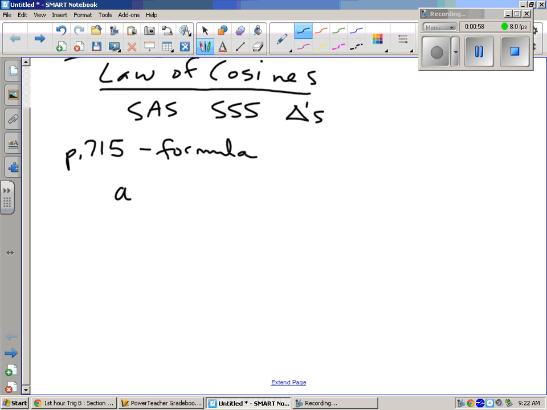This one goes something like this: a squared equals b squared plus c squared minus 2bc cosine A. Notice it's got a cosine in there because it's the law of cosines. The other versions are you just rotate the letters around.